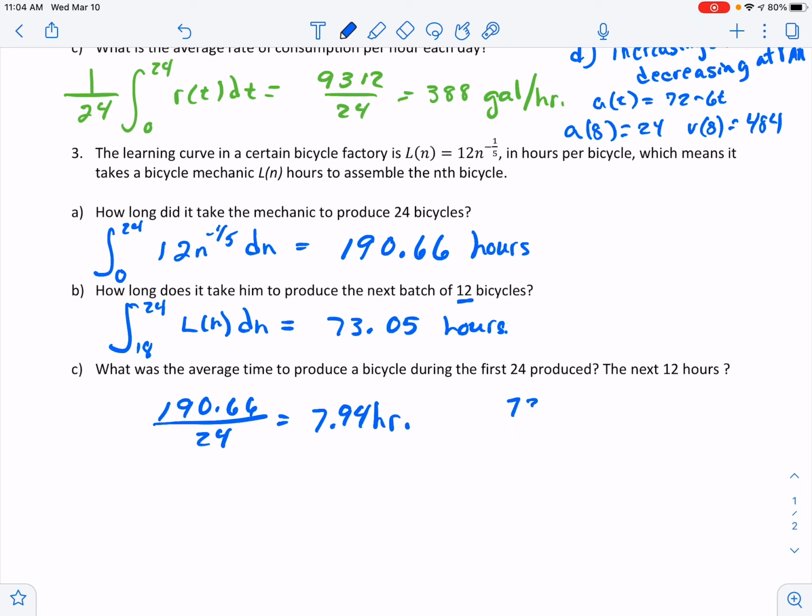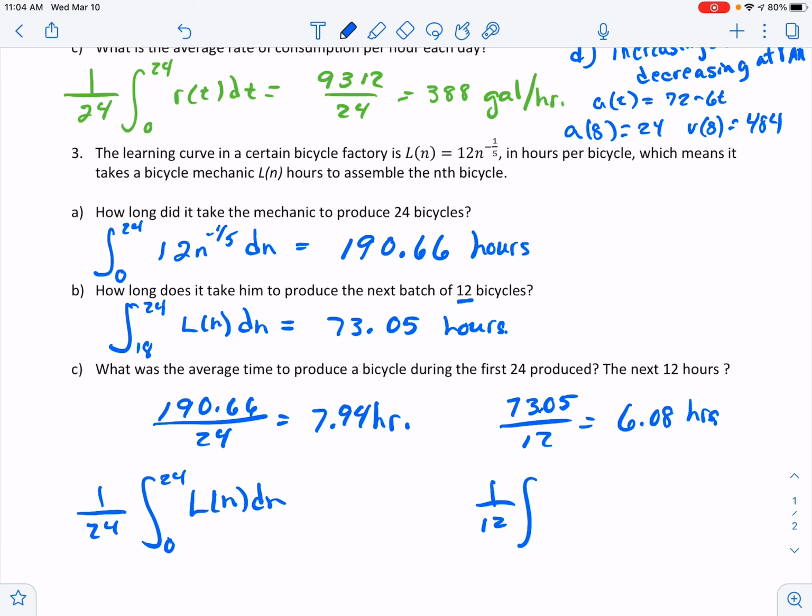And you have 73.05 divided by 12 is 6.08 hours. So really you had 1 over 24 times the integration 0 to 24 of L of n dn, and this was 1 over 12 of 18 to 24. Even though this is 18 to 24, remember this is b minus a, so b minus a gives you 12.